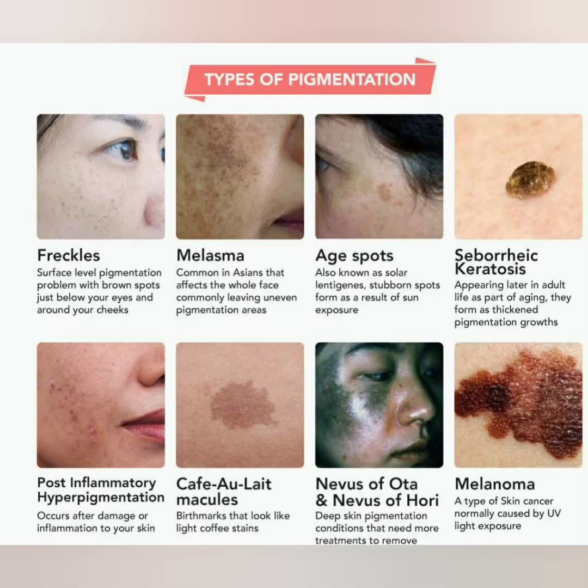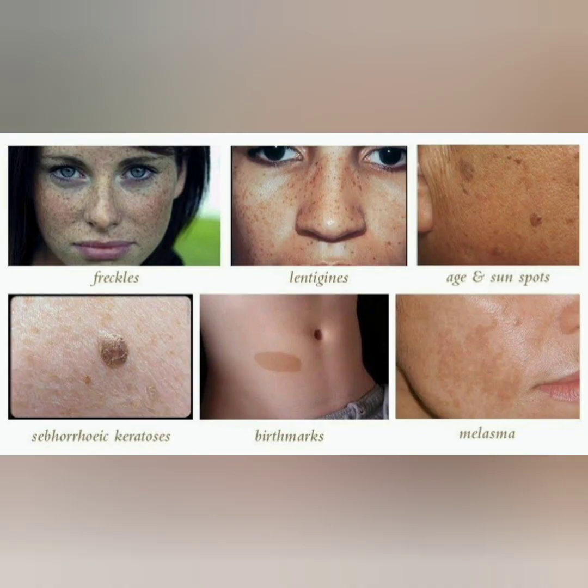Now let us understand what are the different types of hyperpigmentation. You can see melasma, which is due to hormonal imbalance, and this is mostly a permanent condition which is aggravated in winters and due to hormonal changes. It is rarely treated satisfactorily.